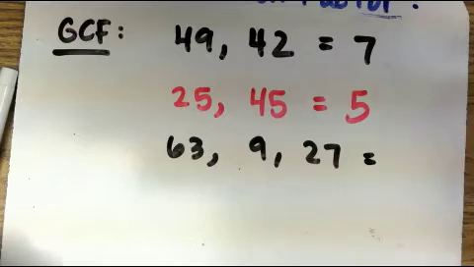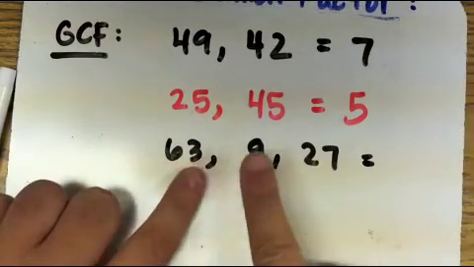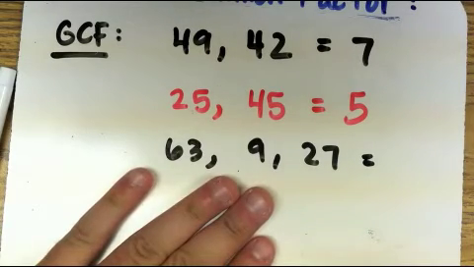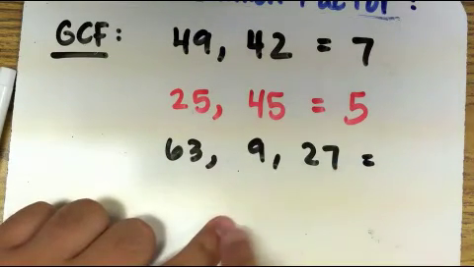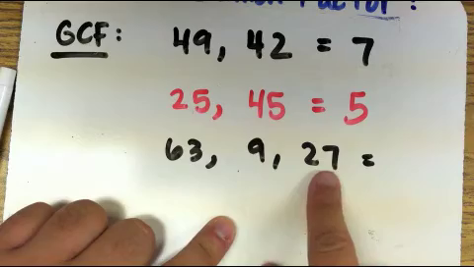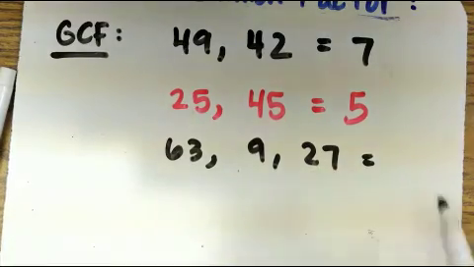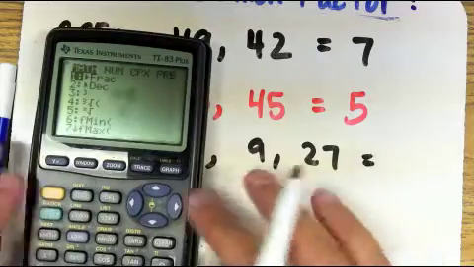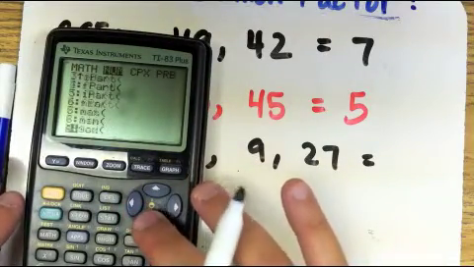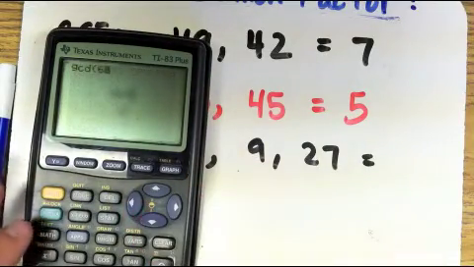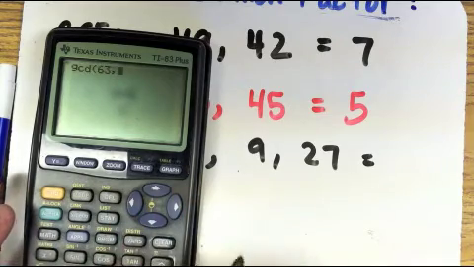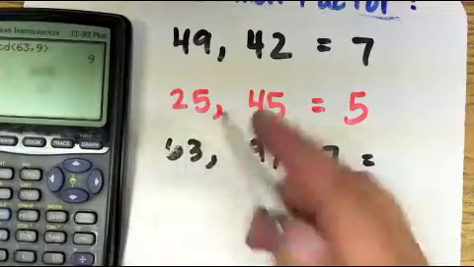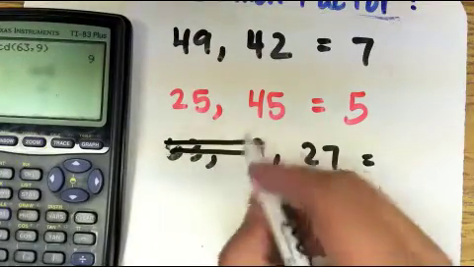So you're going to have to find the GCD of the first 2, get an answer, then take the answer and do the GCD with the other number you haven't used yet, which is 27. So one thing at a time. Let's do the first 2 numbers first. Math, num, GCD of 63, comma, 9. And you get that it is 9. So between these 2, it's 9.